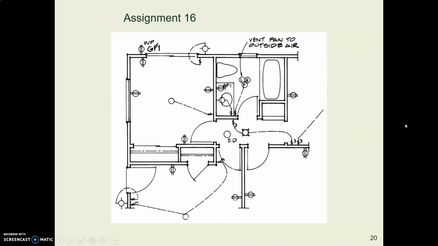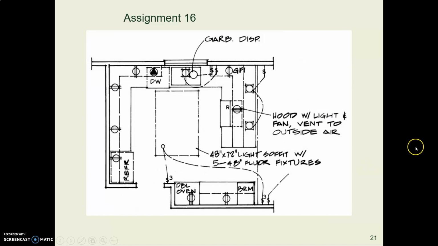And I would like to point out that this is the very last drawing you will do in this class ever. So yay. So we have 2 of them. Here's one, and here's the second one. The second one is apparently a kitchen.